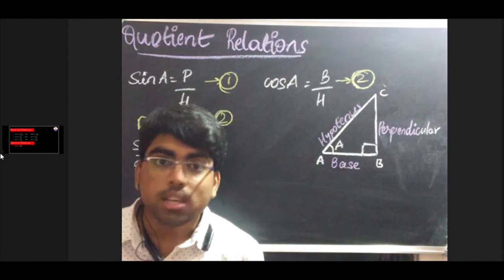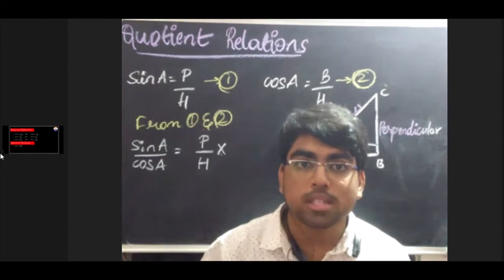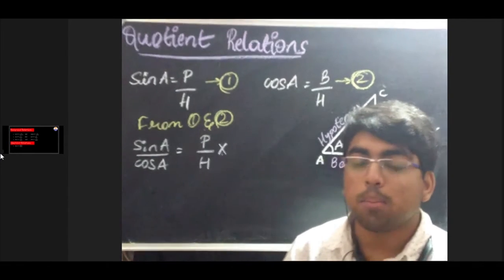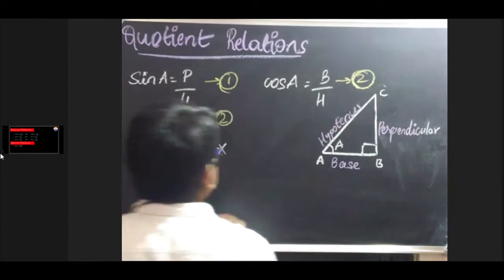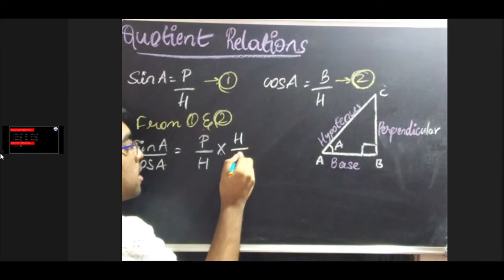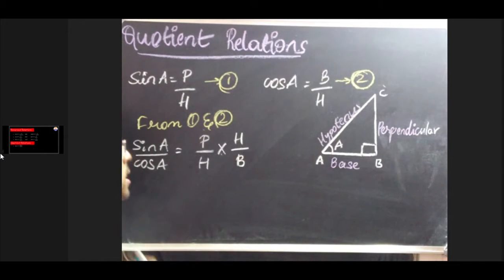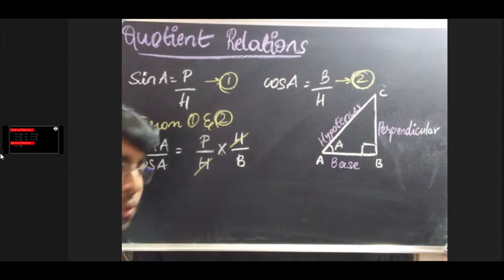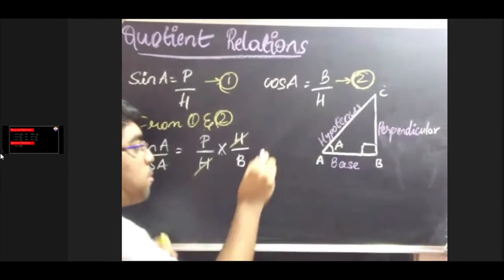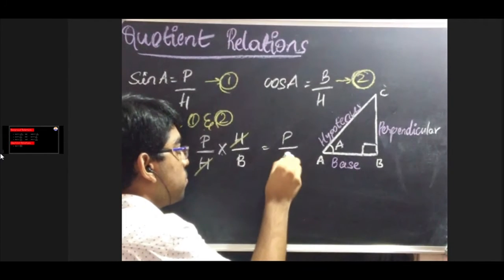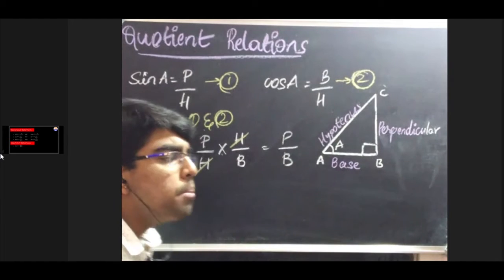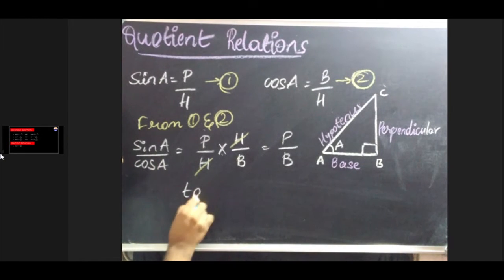Since we have learned in reciprocal, 1 by cos A is nothing but secant A. Secant A is nothing but hypotenuse by base. So with our basic knowledge of mathematics, hypotenuse gets cancelled and then perpendicular by base will be left. What is this perpendicular by base? It is nothing but tan A.